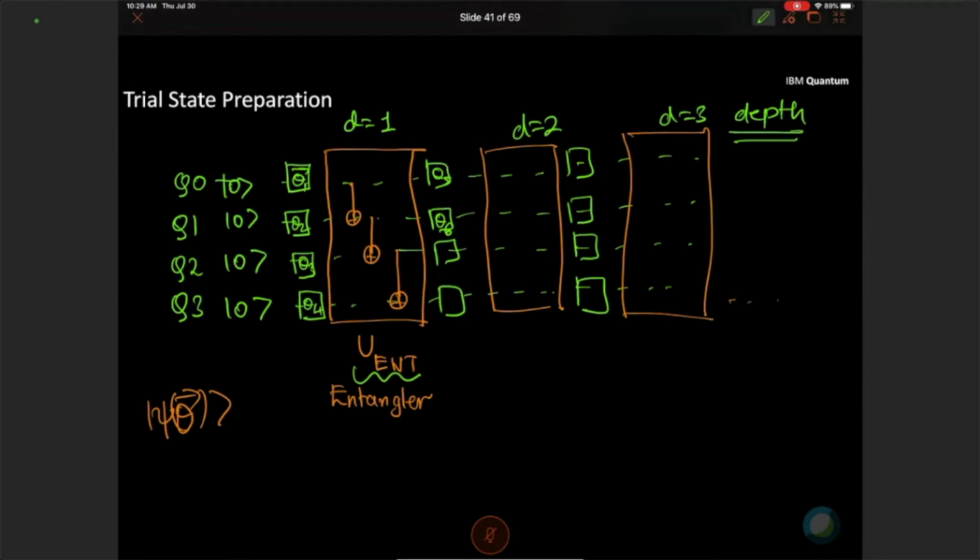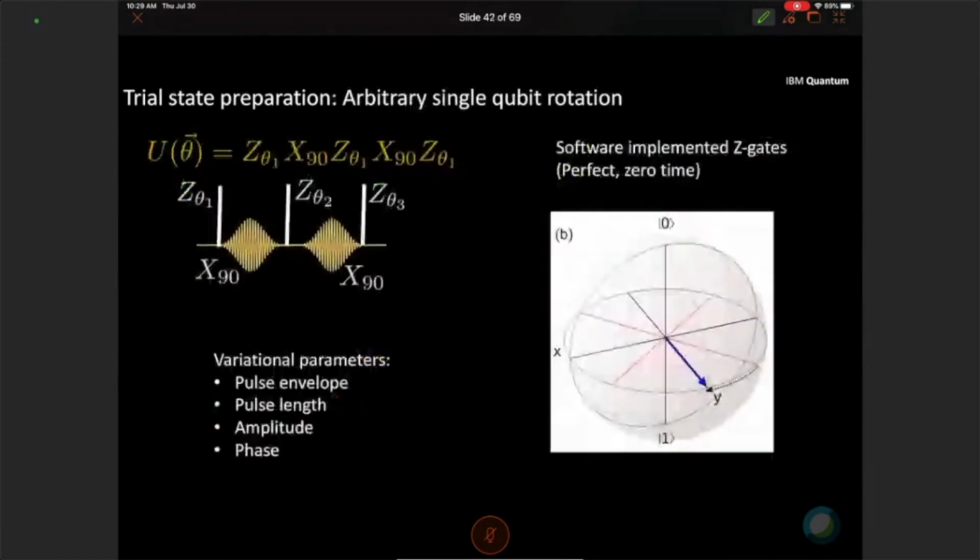I hope this basic idea was clear, that we're trying to work with states really geared towards what the hardware can do best. I spoke of these single qubit rotations. In the lab later today, you're going to work with structures that are basically RY, RZ: a Y rotation followed by a Z rotation.